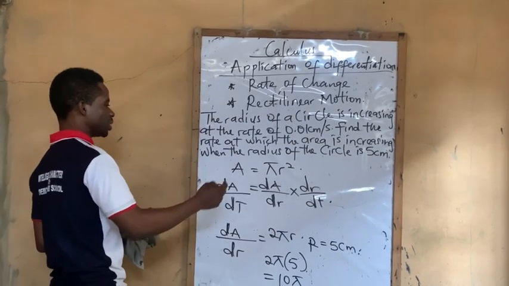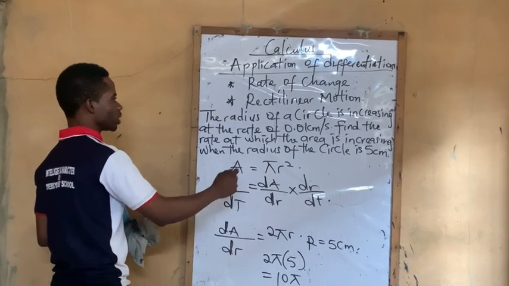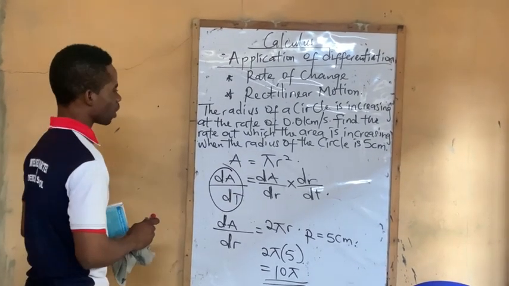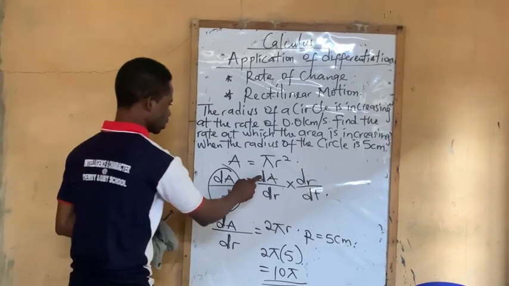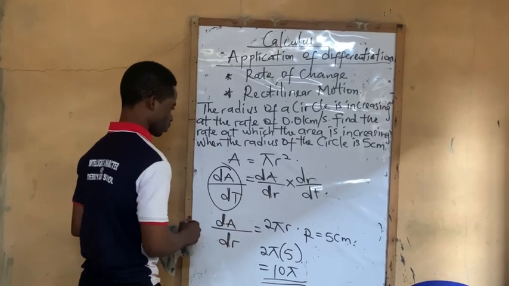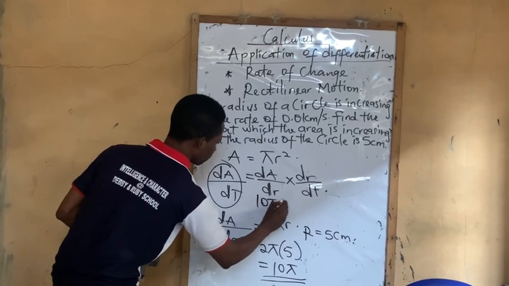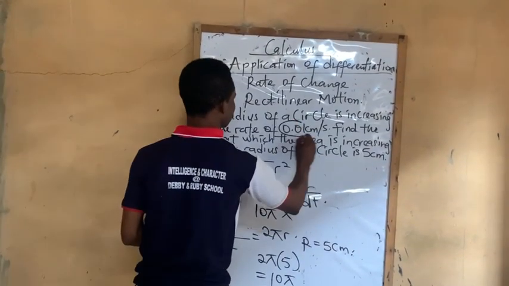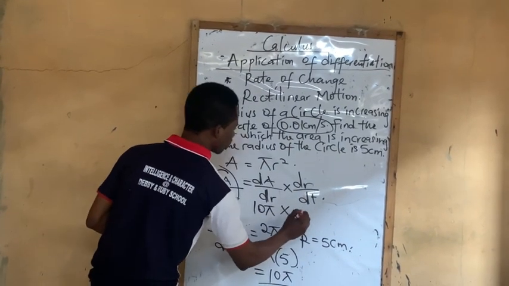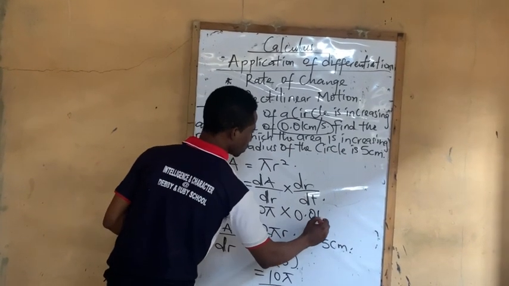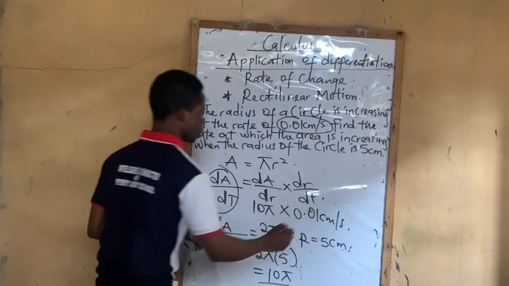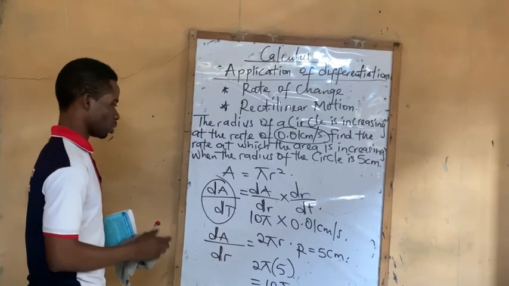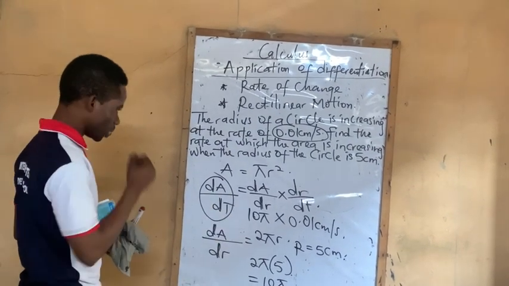So we are looking for the rate at which the area is increasing. We have gotten the dA over dr to be 10 pi. This one is 10 pi times dr over dt, which is 0.01 centimeter per second, because radius is centimeter over seconds. So what we just need to do is multiply them together.